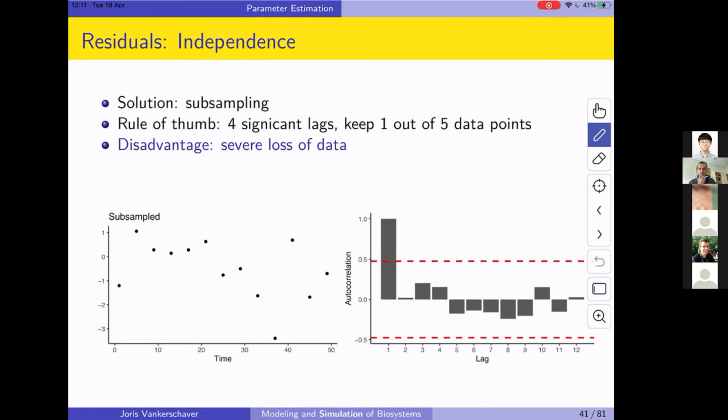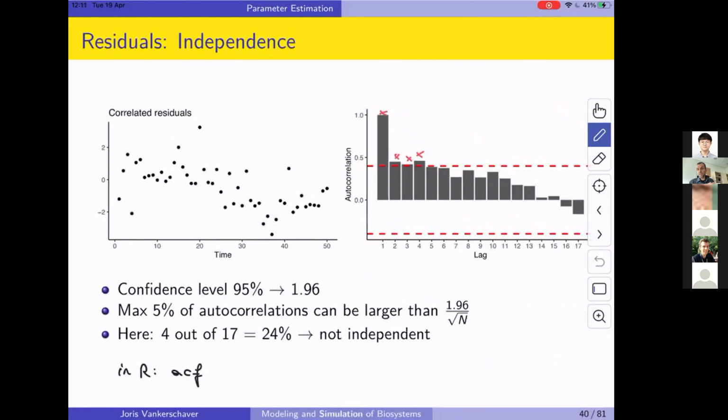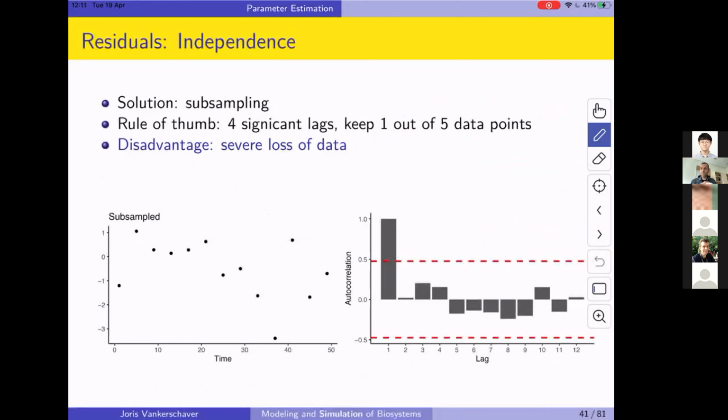One more thing to add to the autocorrelation section: what do you do if you have a signal where this test tells you there's correlation in your residuals? Well, you can subsample the data, and here you use the number of significant lags to see how much subsampling you have to do.